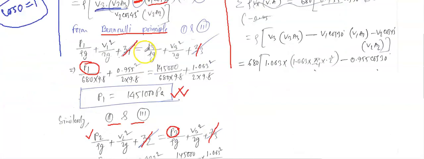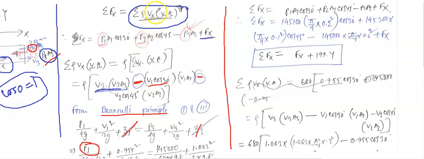If you see, we got the ρ Vx V·A equal to this. So we need to just substitute each and every value to get this one. This is the term here: ρ V3 A3 minus V1 cos 30.